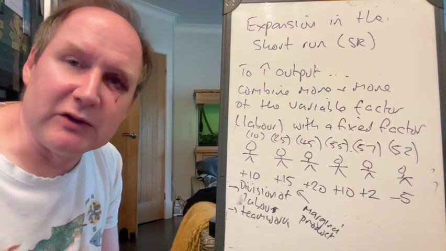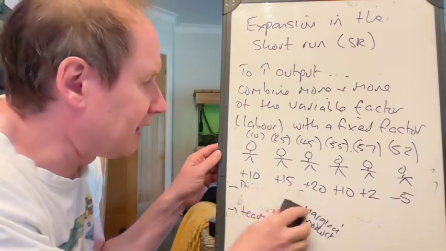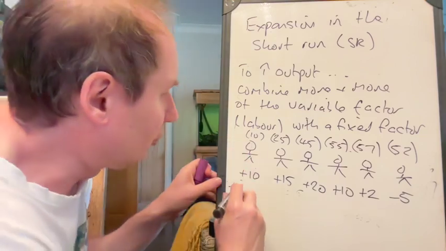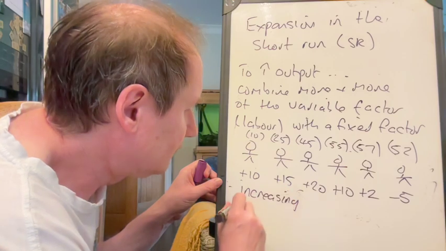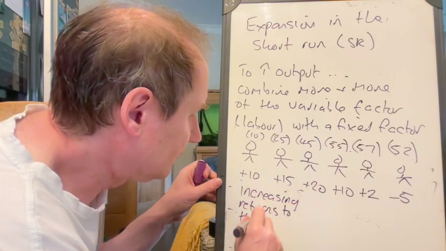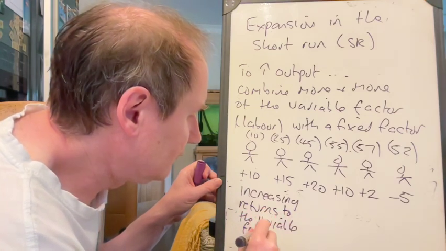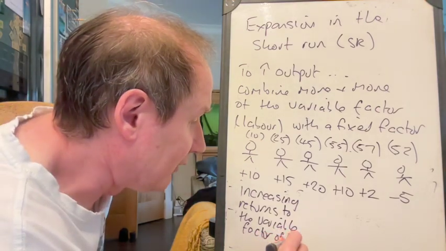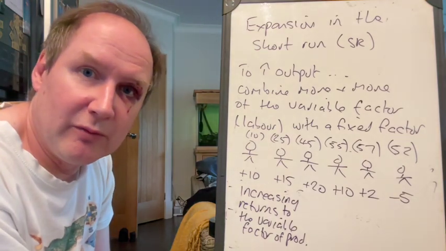And this is the assumption of this model, that as we expand in the short term, initially we have what are called increasing returns to the variable factor. Each worker, the variable factor of production, in this case labour, adds more than the one before.